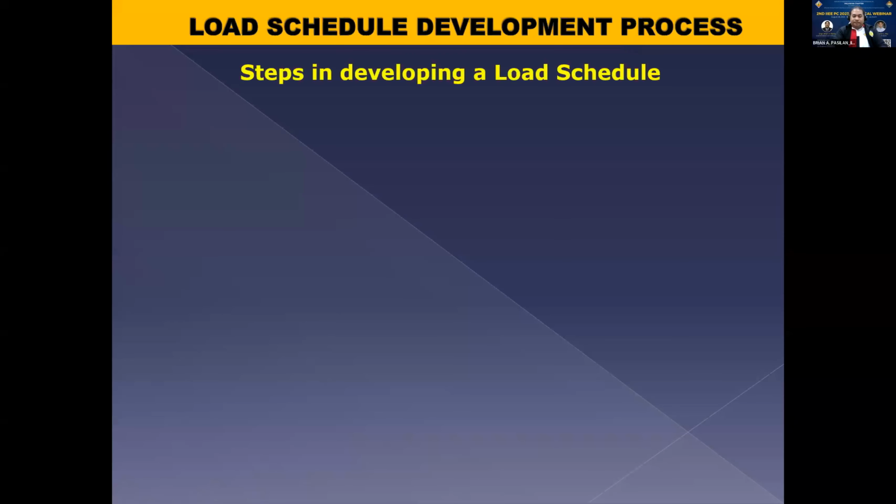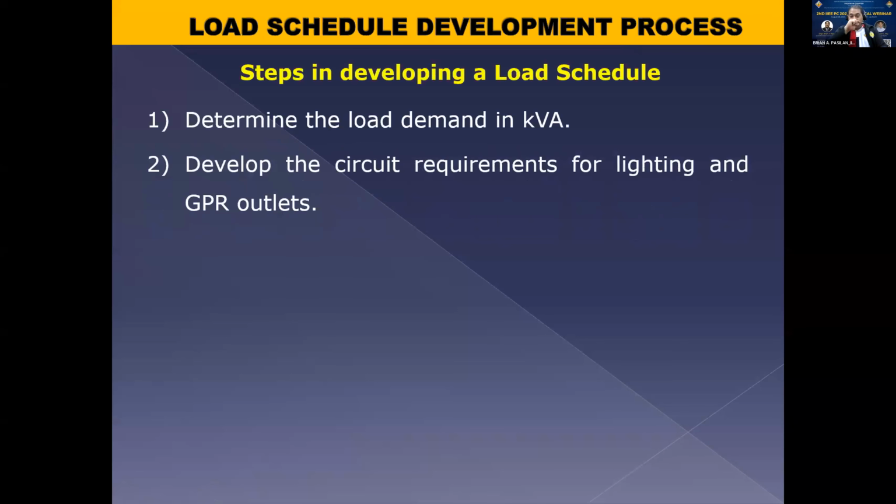Okay, so before we do the actual developing of the load schedule, these are the steps we need to do. First and foremost, we need to determine the load demand in kVA. We have two approaches for that, like I said earlier: either the low density method or the actual load from other designers.